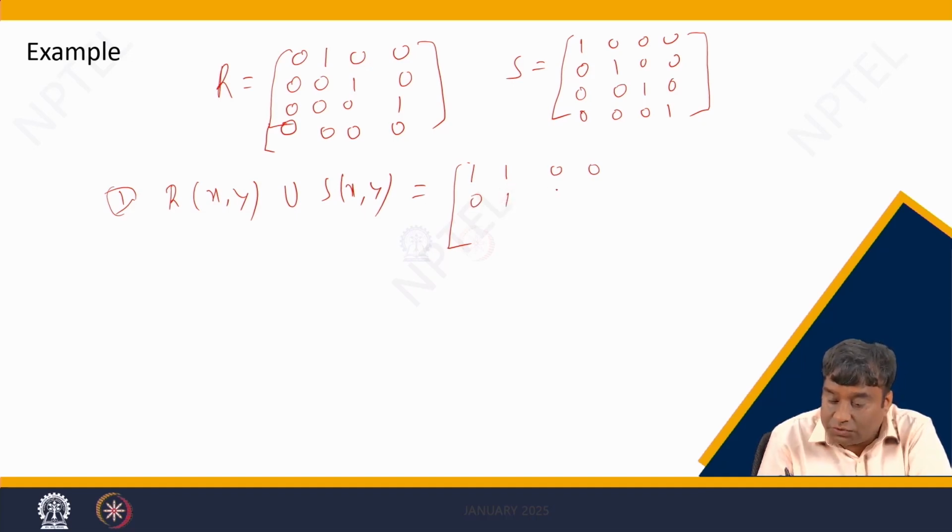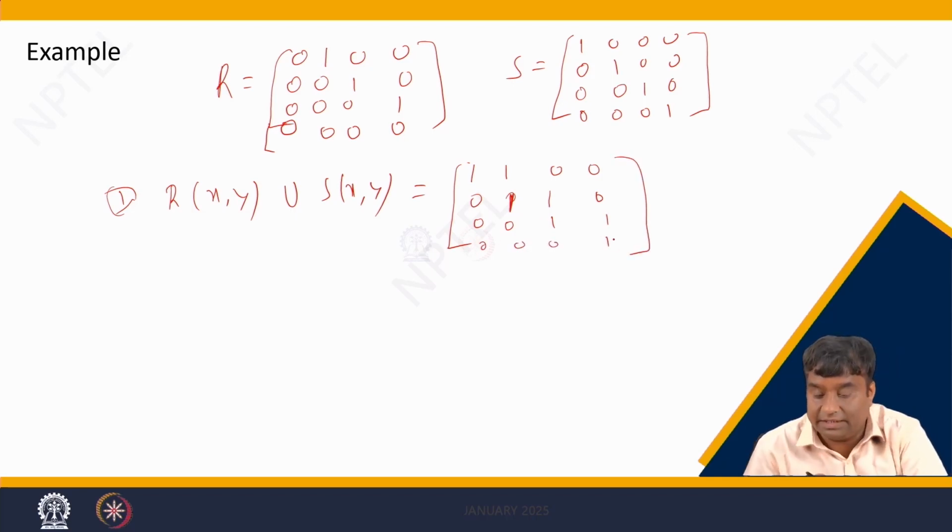This is also 1. This is 0. This is 0. This is 1. This is 0. This is 0. This is 1, 1. Next is 0, 0. So you can check that is the union.